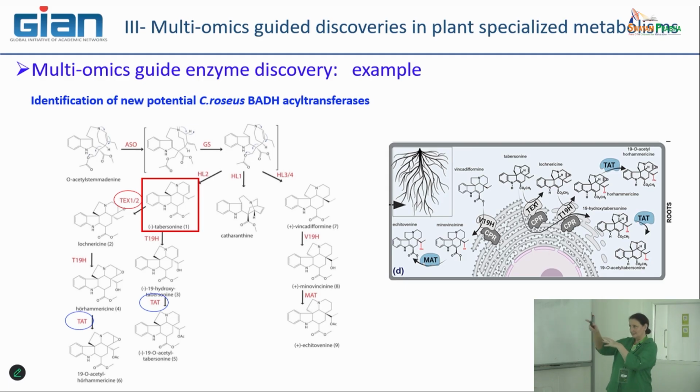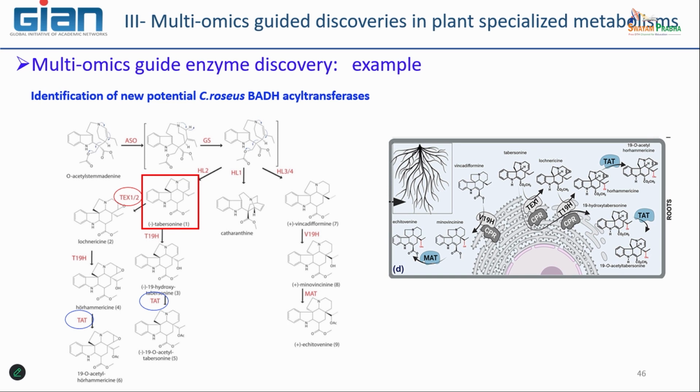And by this type of strategy, we start to have a very nice overview of the different specific parts of the metabolic pathways in these different Apocynaceae plants, to try to find how there is such a big diversity of monoterpenoid indole alkaloids in these particular families.